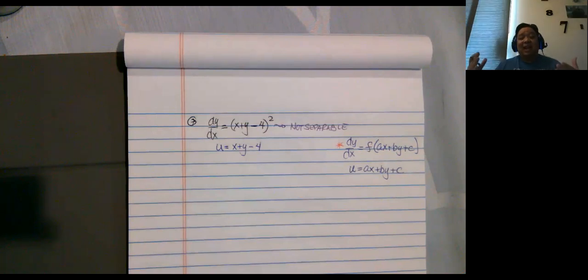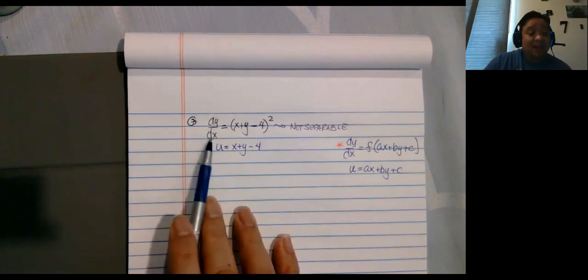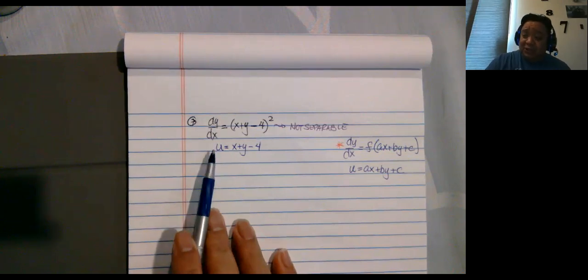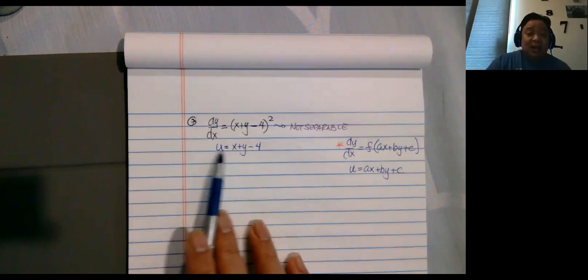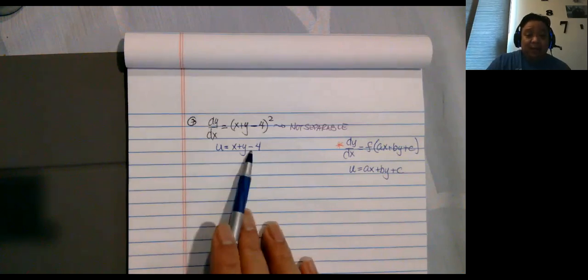Now, much like any substitution you've done before, like your u substitution in integration, you have to replace everything. So I have to replace dy/dx as well. After you make your substitution, you take the derivative with respect to x.